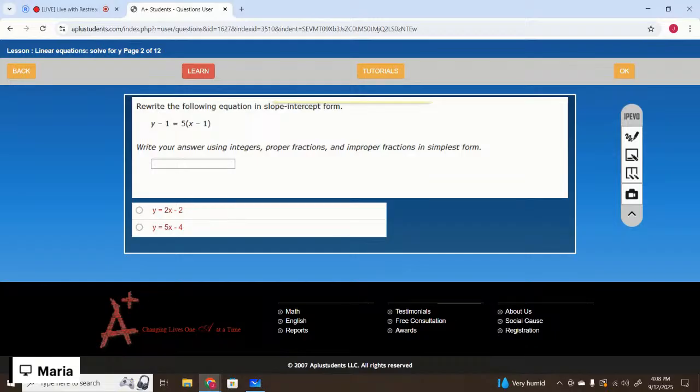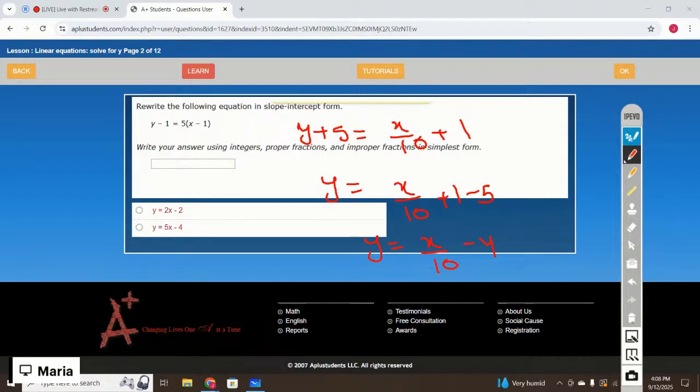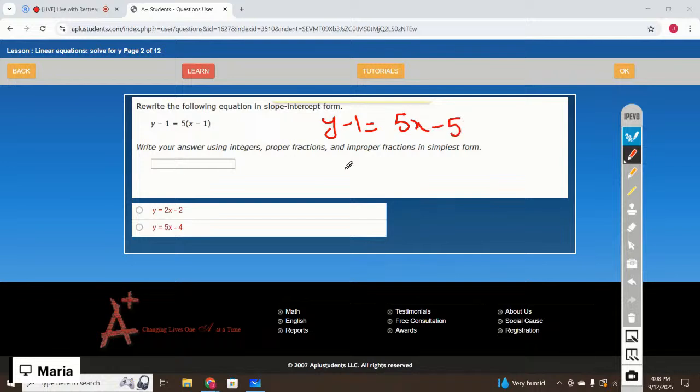Rewrite the following equation in slope-intercept form. y minus 1 equals 5 times x minus 1. y minus 1 equals 5x minus 5. y equals 5x minus 5 plus 1.